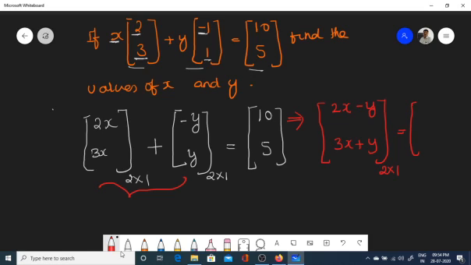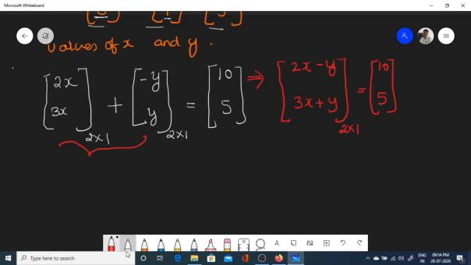So now we are getting the simultaneous equations. So we have 2x minus y is equal to 10 and 3x plus y equals 5.